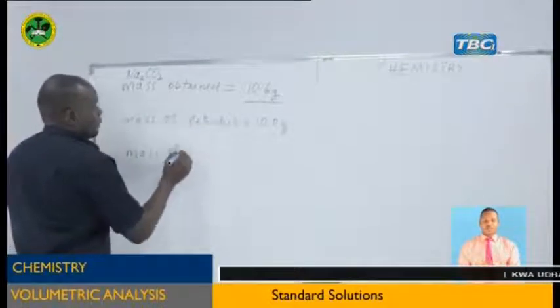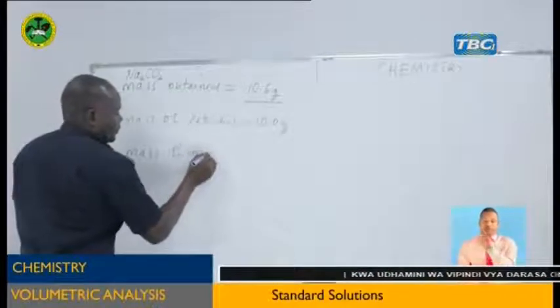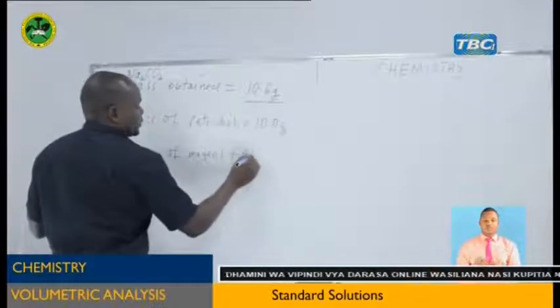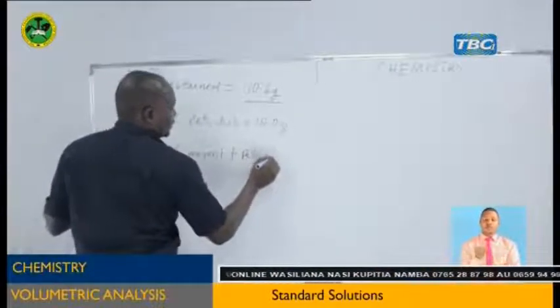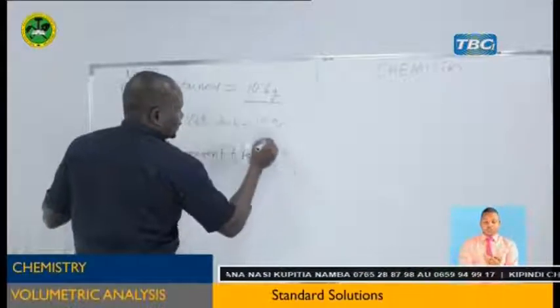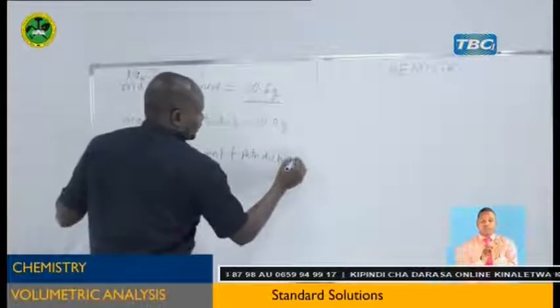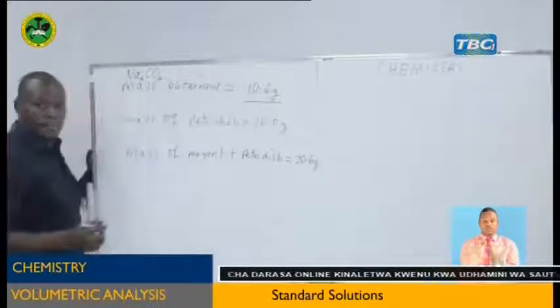So the mass of the reagent plus the mass of the petri dish should read 10.6 plus 10.0, that will be 20.6 gram.